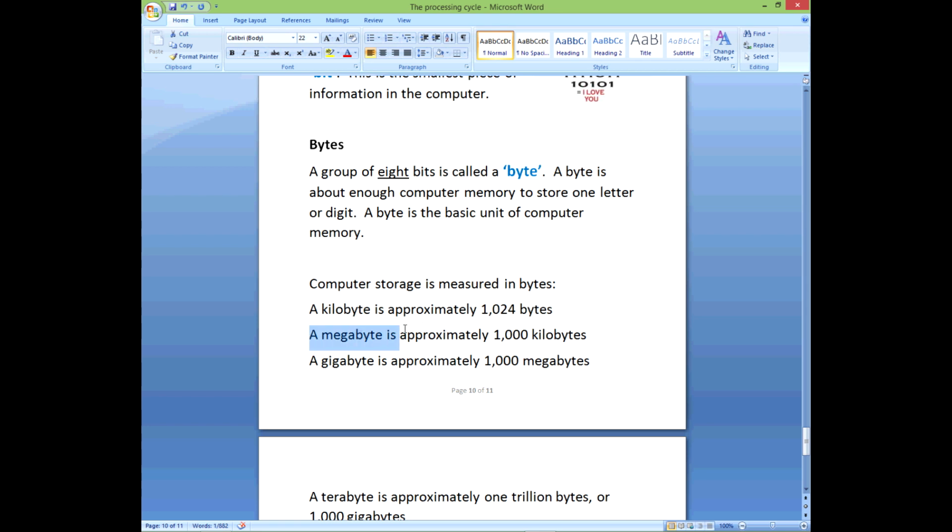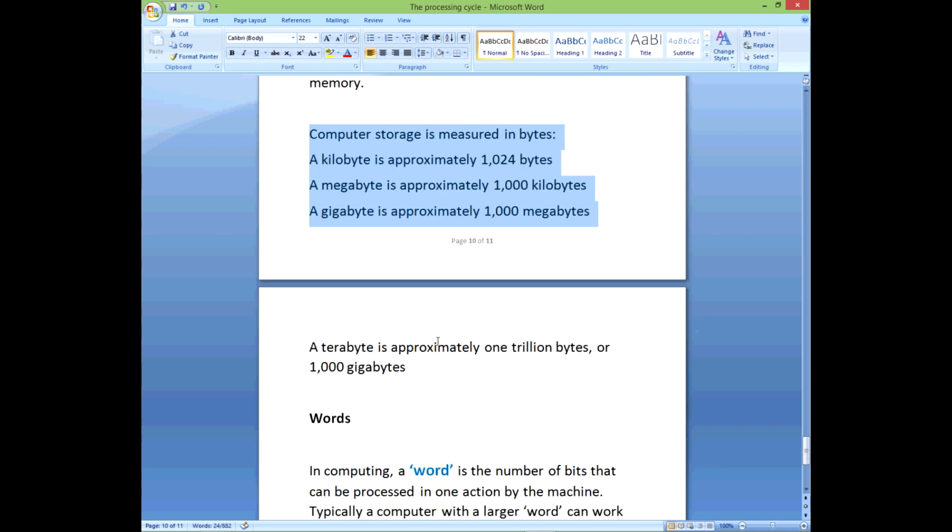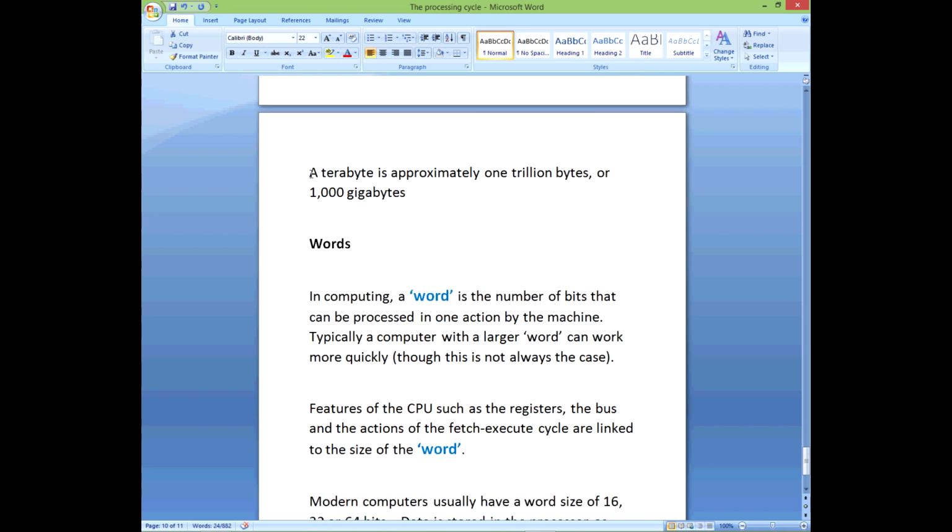A megabyte is approximately what? 1,000 kilobytes. A gigabyte is approximately 1,000 megabytes. Please make sure you read through these in detail and know them. A tera, a terabyte is approximately 1 trillion bytes.